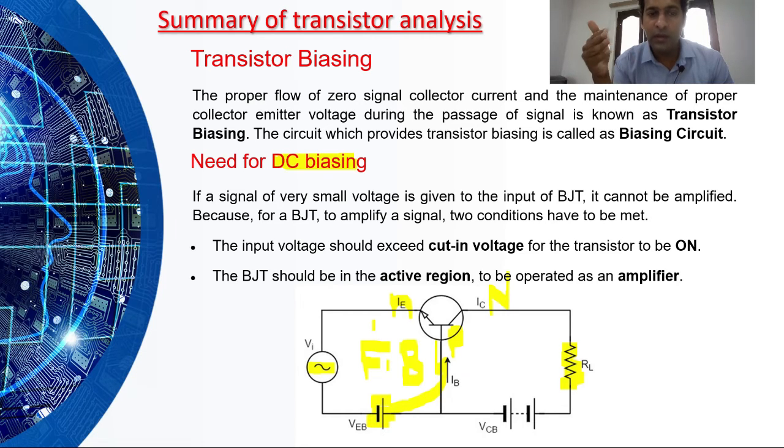So when we exceed our voltage beyond the potential barrier, only then will it be on. It is also called the cut-in voltage. We should exceed this value to make the transistor on, and it should be in the active region to make it an amplifier. What is the active region? Input side forward bias, output side reverse bias.